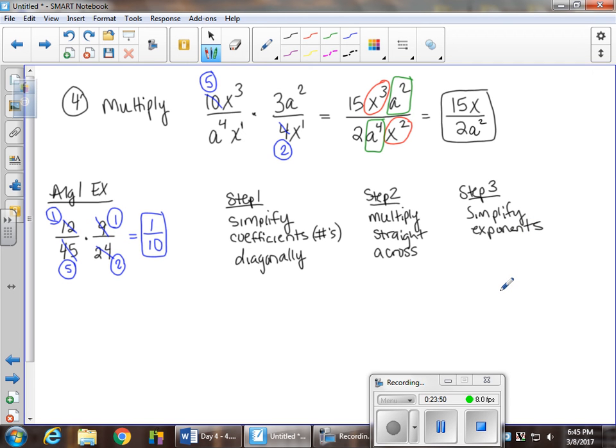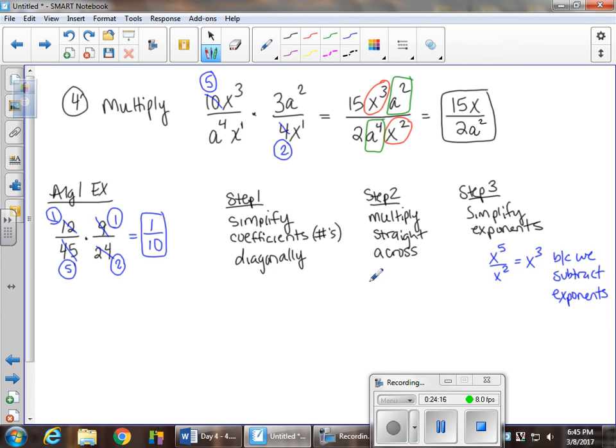Okay. Just a little reminder, when we're simplifying exponents in step 3, because we're dividing, make another little algebra 1 note here. If we have x to the 5th divided by x squared, that's x cubed because we subtract the exponents.